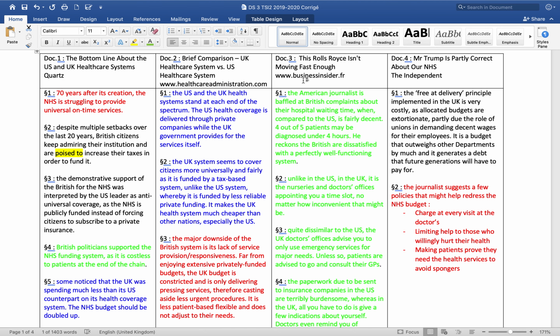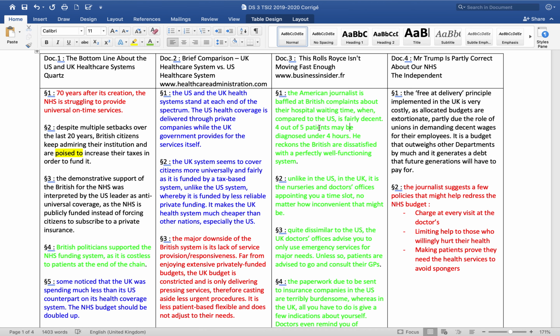So very quickly, the American journalist is baffled, which means he's surprised, at British complaints about their hospital waiting time, when compared to the US it is fairly decent. In the US, you have to wait a long time to go to hospital, considering that everybody wants to have their own things. But even British people are complaining as well. But according to the American, the waiting time is less than in the US, so they shouldn't complain.